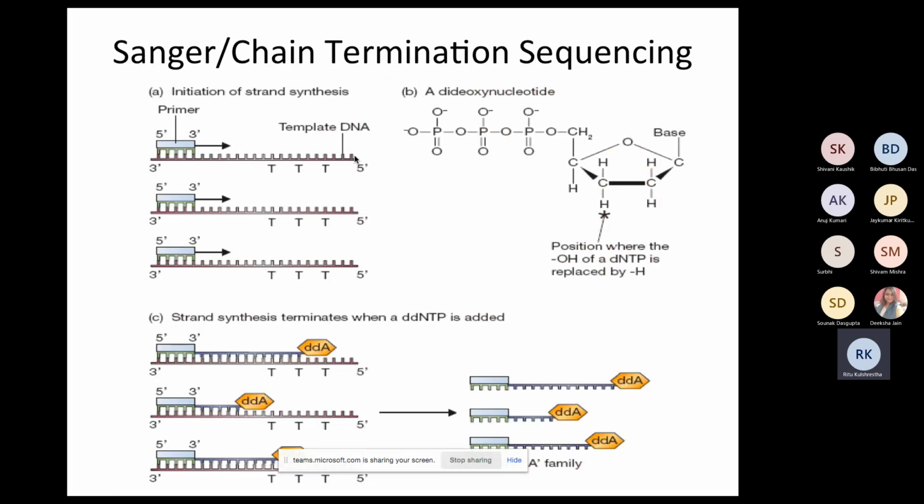So you have to figure out a method to detect which nucleotides are there and in which order they are there. This method is called Sanger because it was Dr. Sanger who developed this technique.